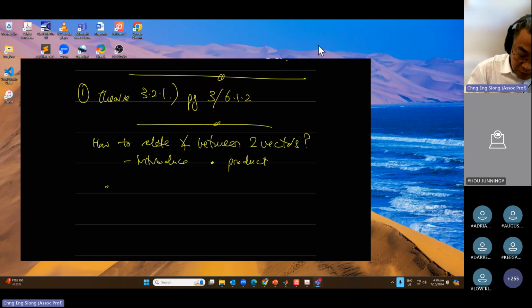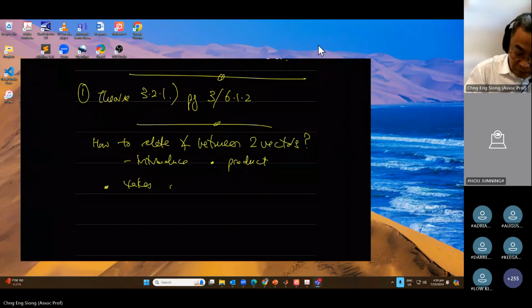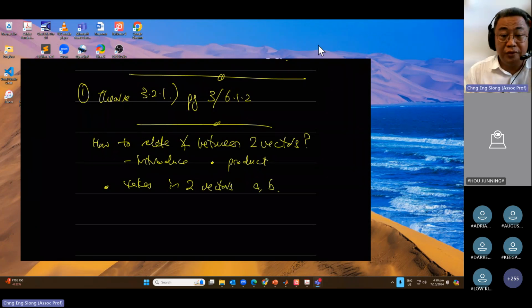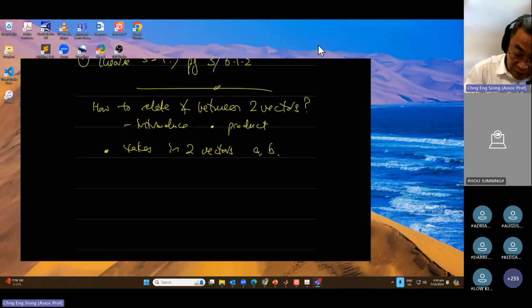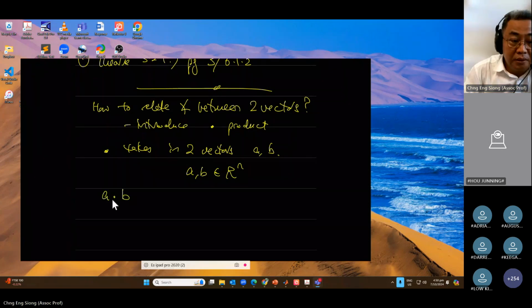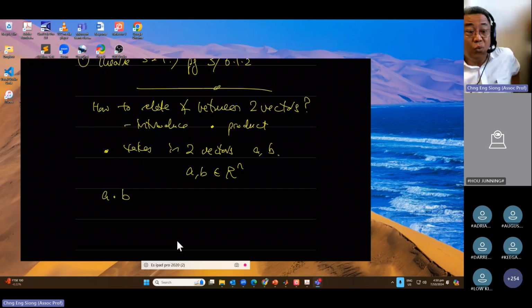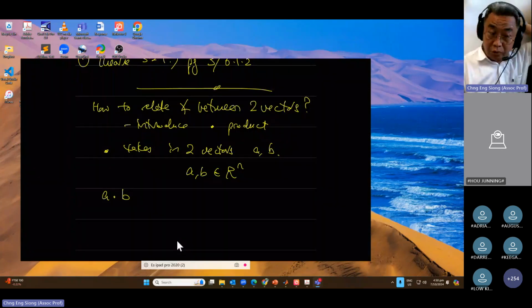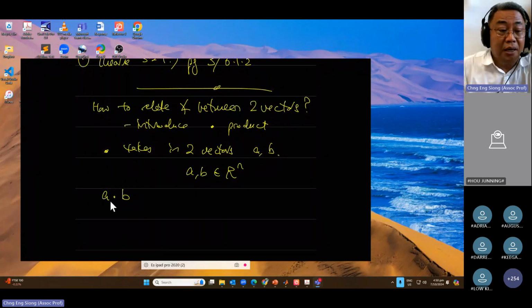The dot product takes in two vectors. So for example, a and b are two vectors, and a and b belong to, let's say, Rn. This is the way we typically introduce the dot product. We say a dot b.